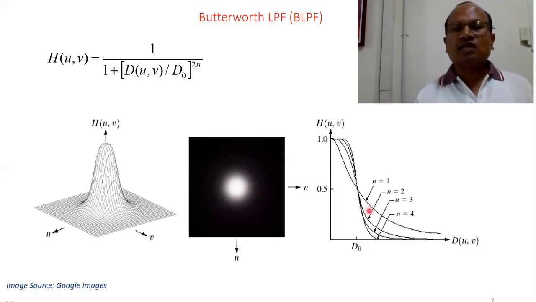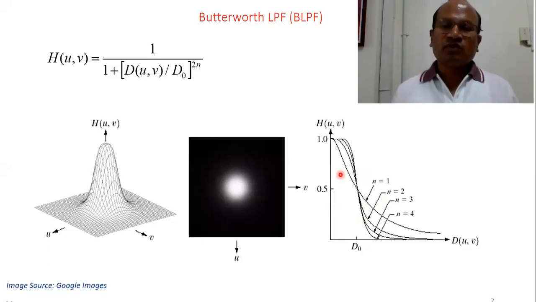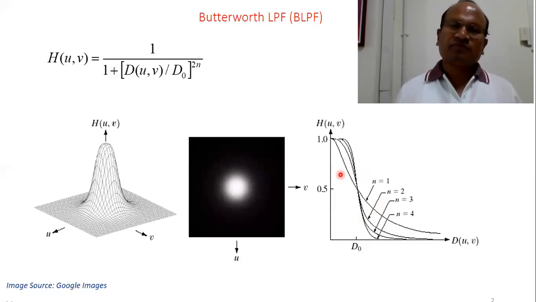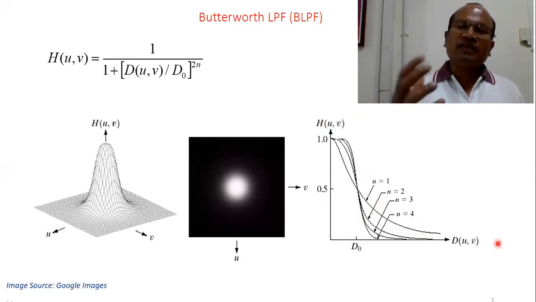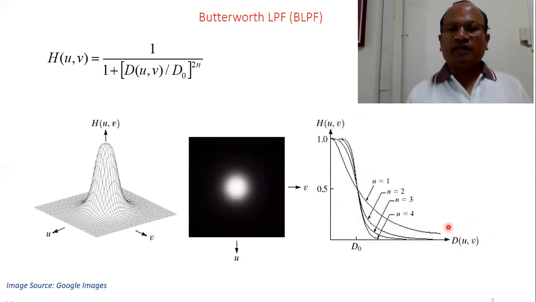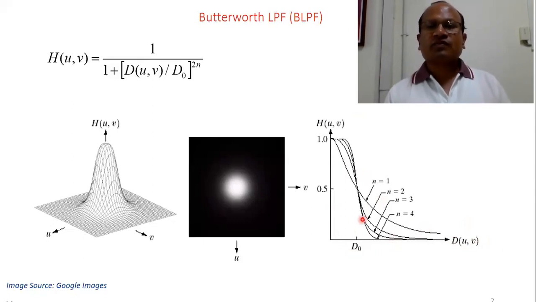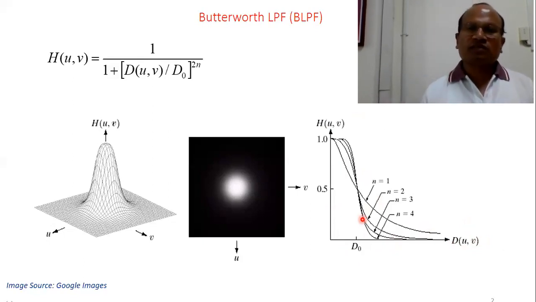The third diagram is the most important diagram which we have to understand. This is the plot of the transfer function versus distance, where D0 is the cutoff distance of your filter. Now you see, there are two important parameters in Butterworth.